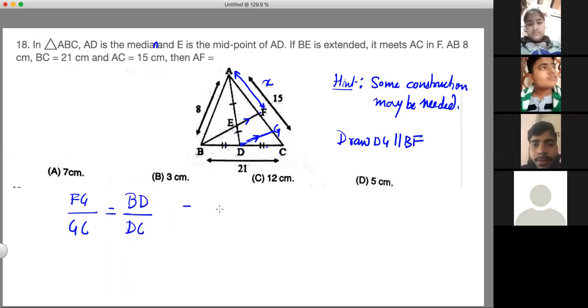So it means FG is equal to GC. So these two are equal. This is equal to this. Now what?